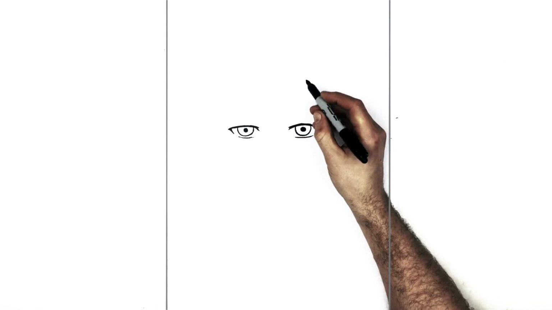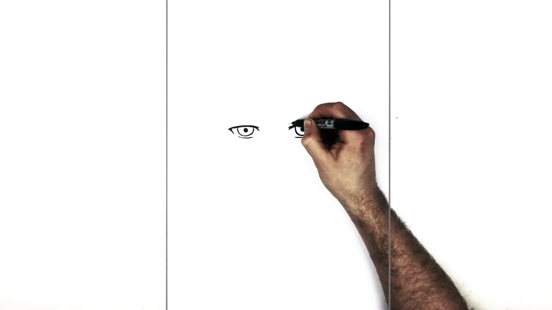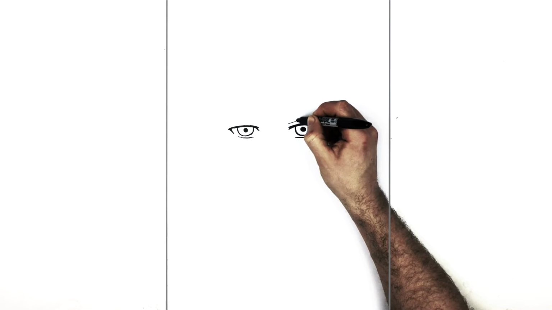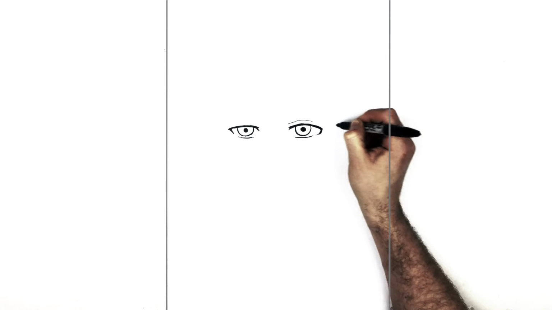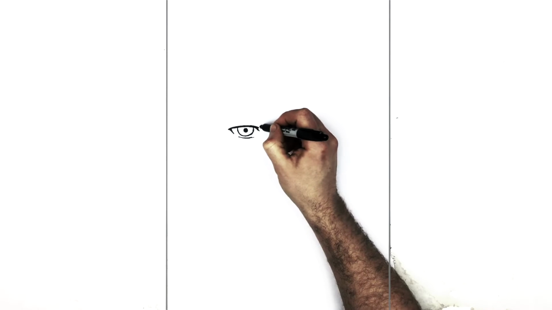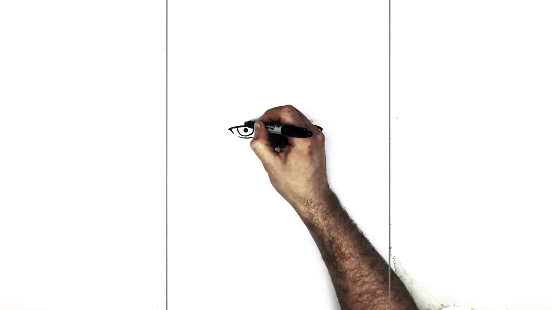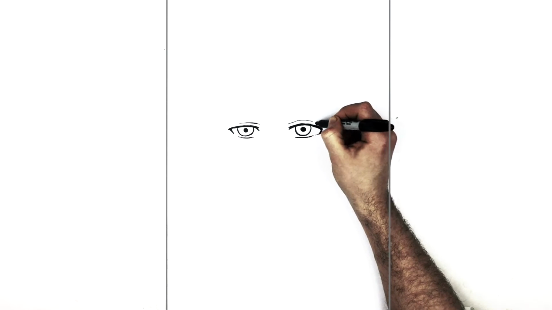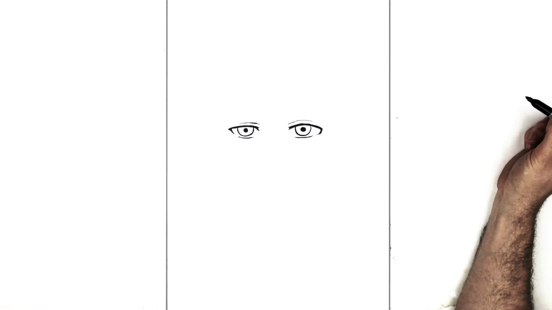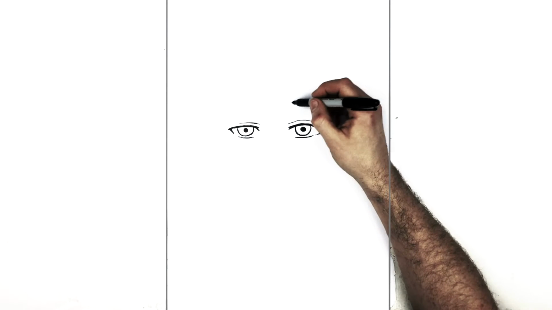So then we could have an eyelid line just about here, just coming up like so, coming across the top of his eye, like that. Something similar on this side, coming across the top of his eye, like so. Then his eyebrow just above that.